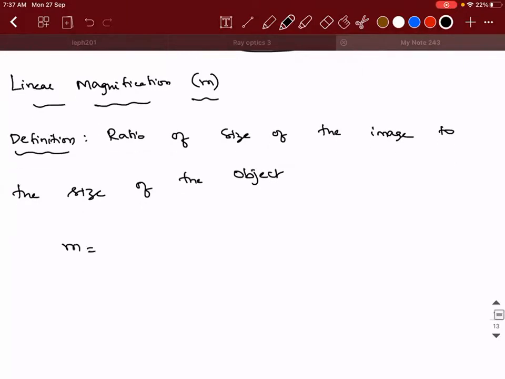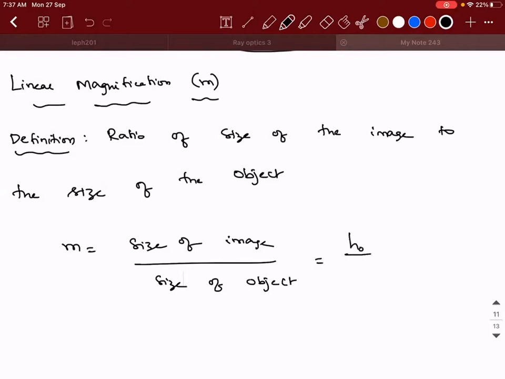So magnification is equal to size of image by size of object. The size of image is Hi, divided by Ho.